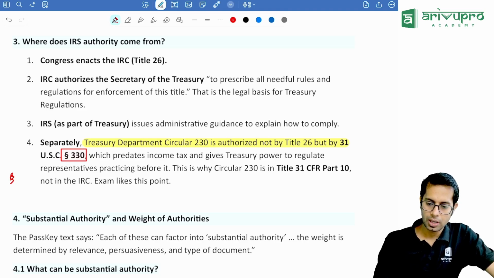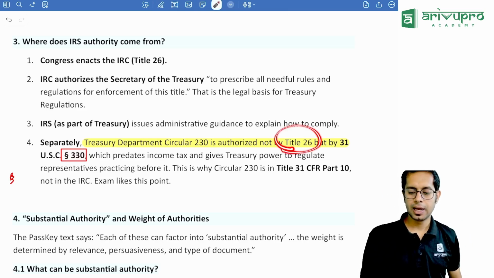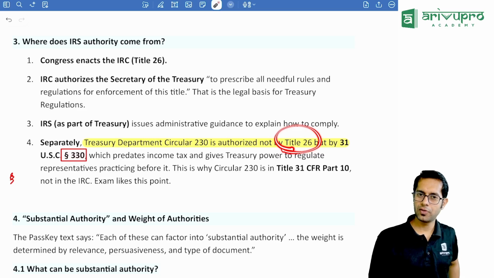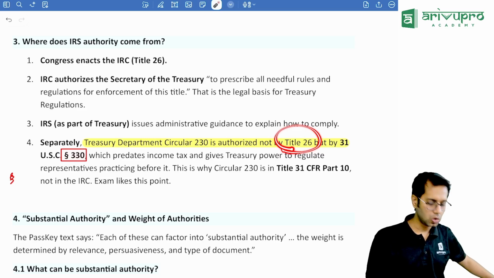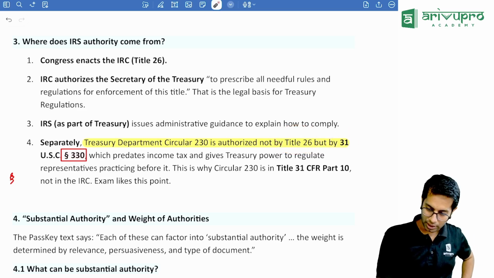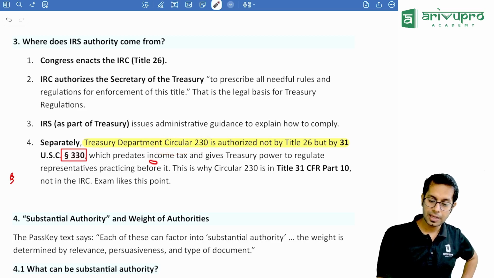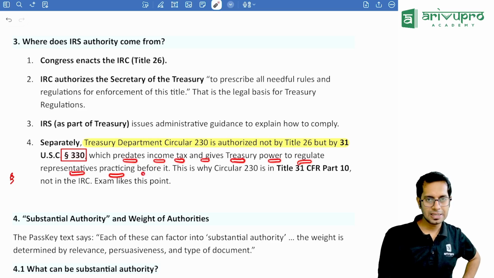representatives before it. So what is this point telling? Though it is Title 26 of the USC which gave the power to make the IRC, it is Title 31 which has authorized the Treasury Department, by way of Circular 230, which predates income tax and gives the Treasury the power to regulate representatives practicing before it.